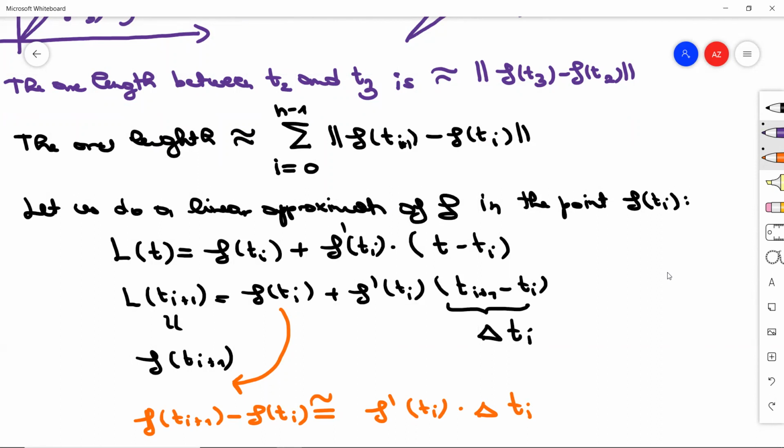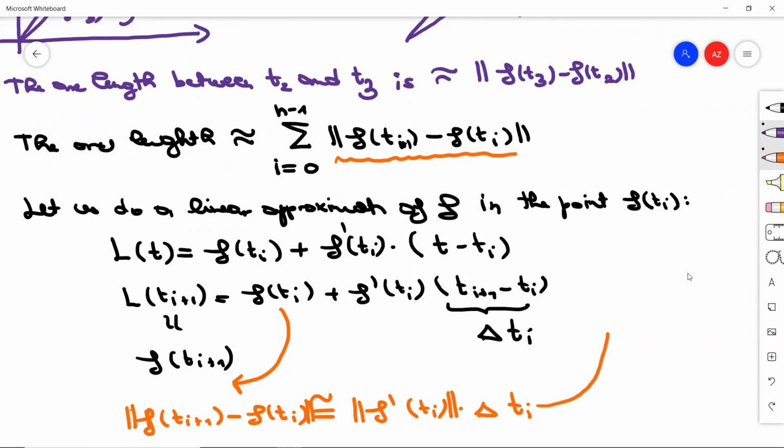And here we are interested in the norm of this. So we take the norm, and it's the norm of the velocity vector. And this difference in t_i's is just some number, a positive number because t_{i+1} is bigger than t_i.